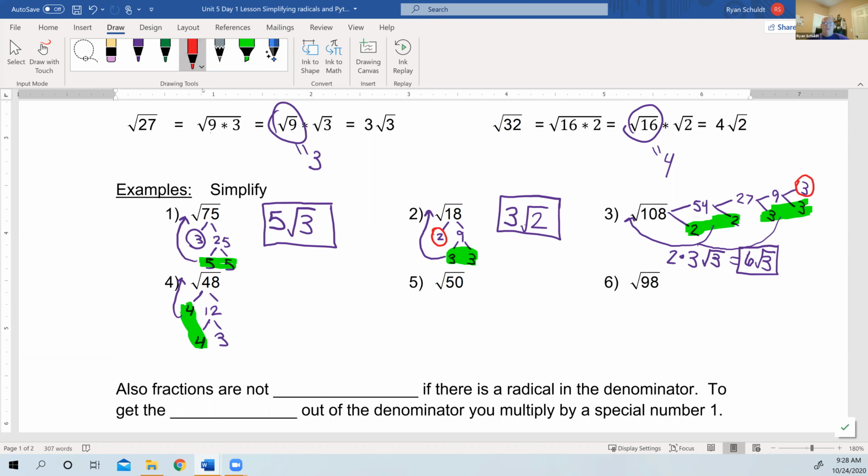And then who's a single? That 3 is single, so he stays home. So this becomes 4 square roots of 3.